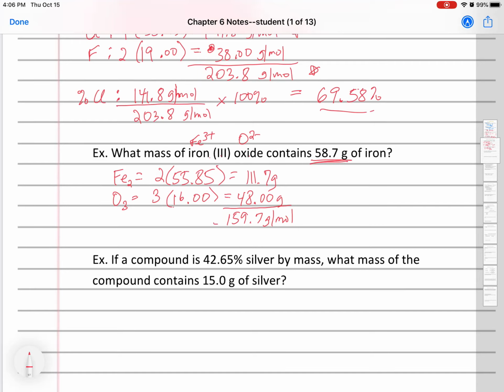So we know that 159.7 grams contains 111.7 grams of iron. So we could do this as a cross multiplication problem. A lot of students prefer that method.